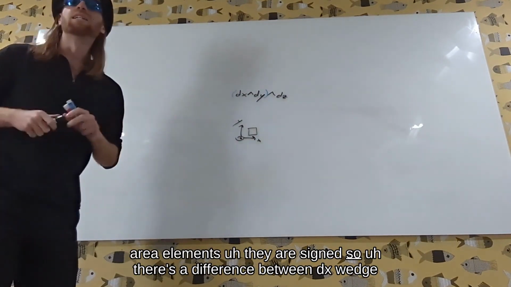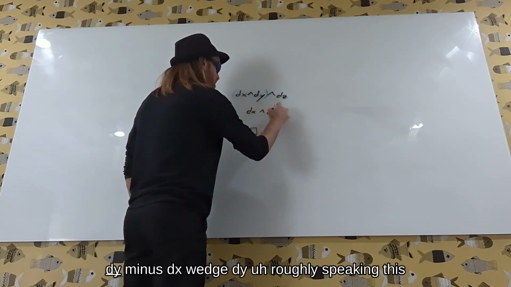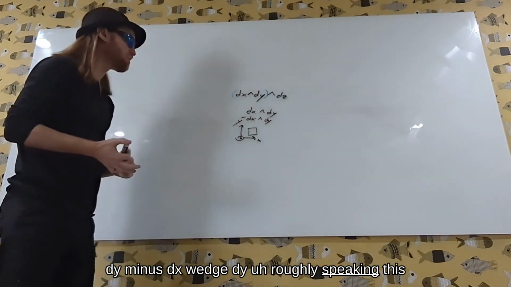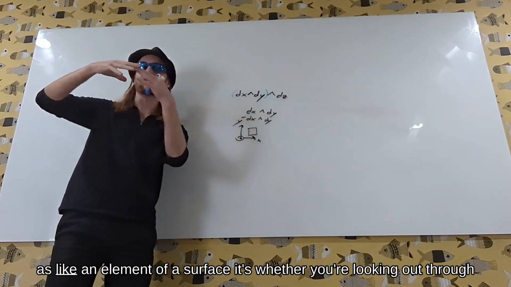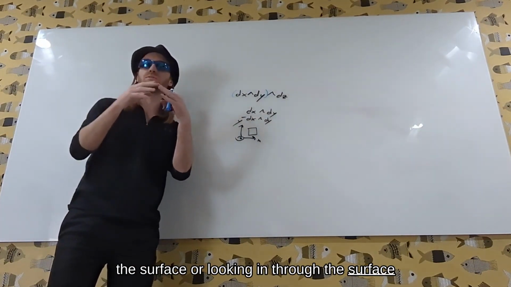They are signed, so there's a difference between dx wedge dy and minus dx wedge dy. Roughly speaking, if you're thinking of it as an element of a surface, it's whether you're looking out through the surface or looking in through it.